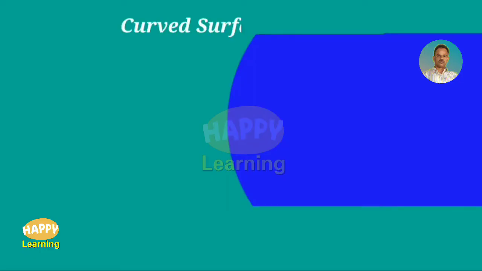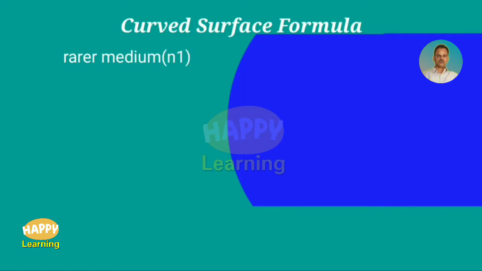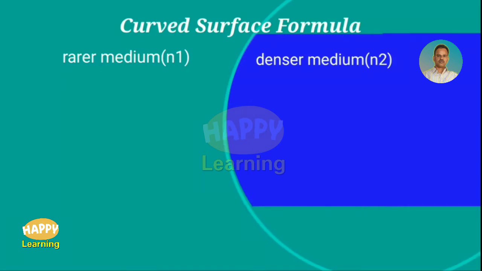Curved surface formula. So this is a rarer medium and its refractive index is N1, and this one is a denser medium, its refractive index is N2, and the interface is a curved one. If the interface is extended, we get a circle, that is called the sphere of the curved surface.